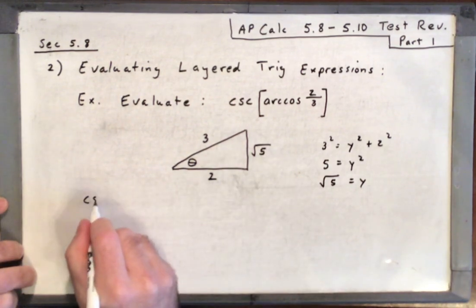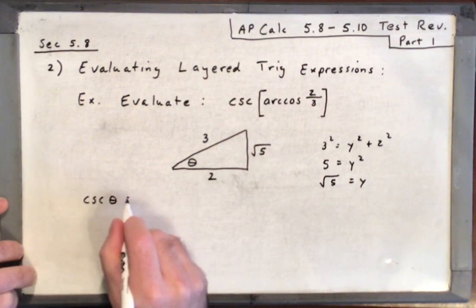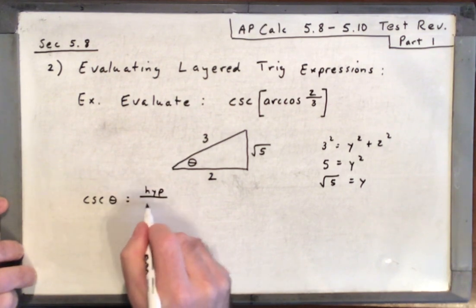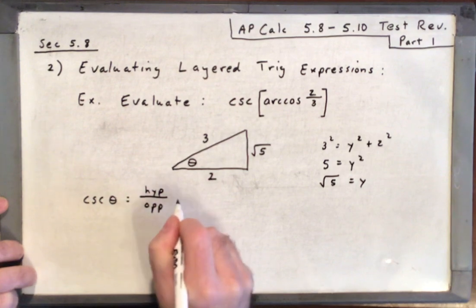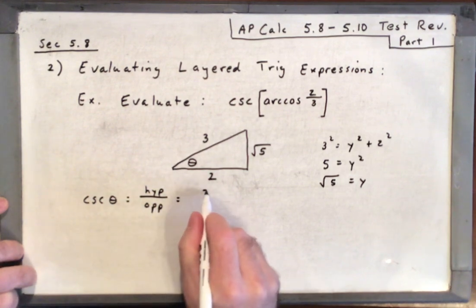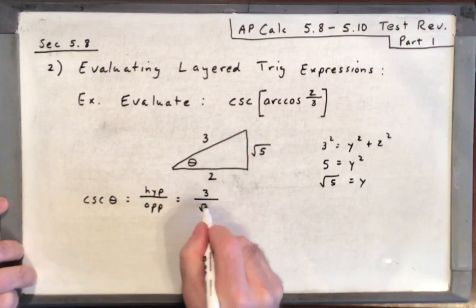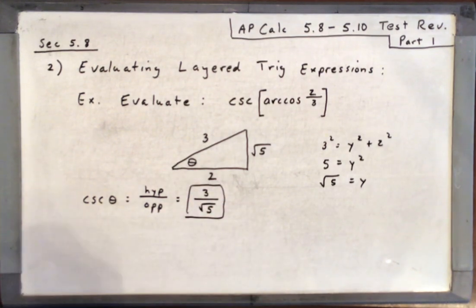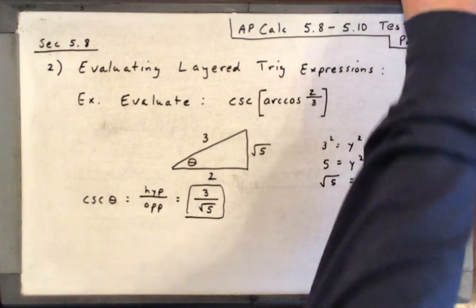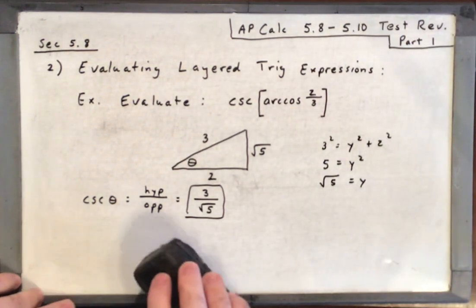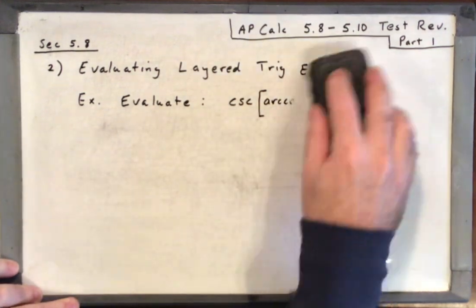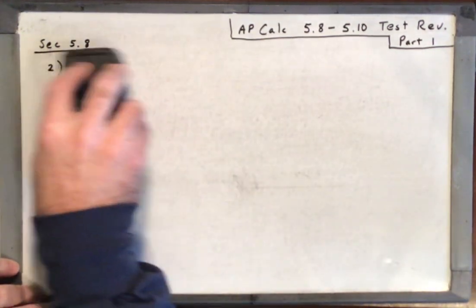So the cosecant of theta is hypotenuse over opposite. That'd be terrible to forget. So that's 3 over the square root of 5. And you do not have to rationalize that. You can leave the radical on the bottom. All right, that is topic 2. Might want to work 1 or 2 of those.